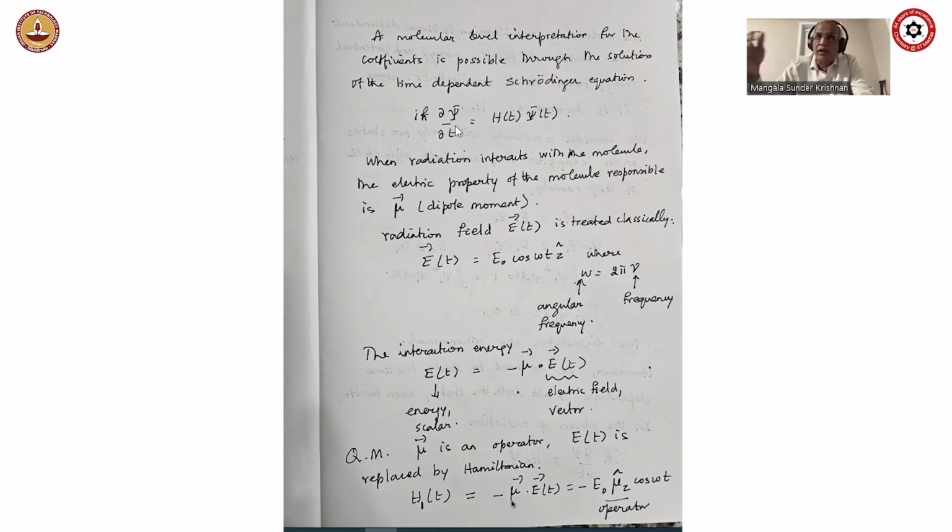The molecule will evolve according to its own Hamiltonian. The molecule has a Hamiltonian because atoms are moving, electrons are moving, and atoms will have potential energies between them. Therefore, you have the kinetic energy of the molecule. Like in the hydrogen atom case, there is the kinetic energy of the proton and the kinetic energy of the electron, and you neglect the proton kinetic energy by saying the proton is very heavy.